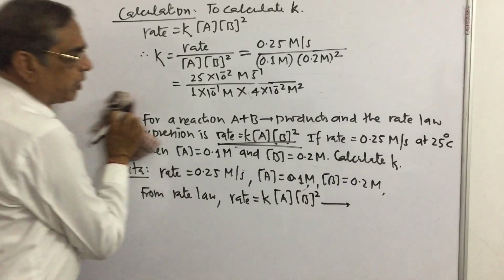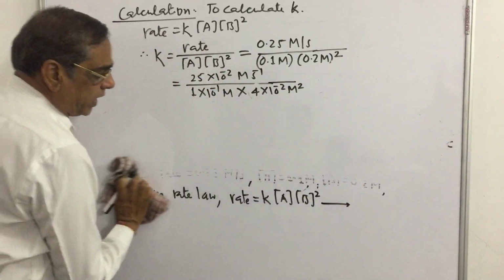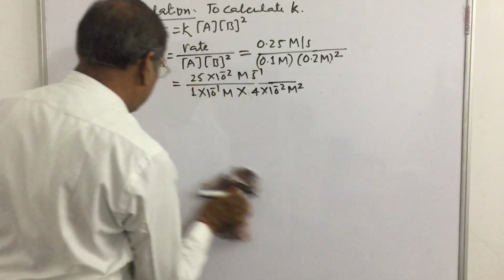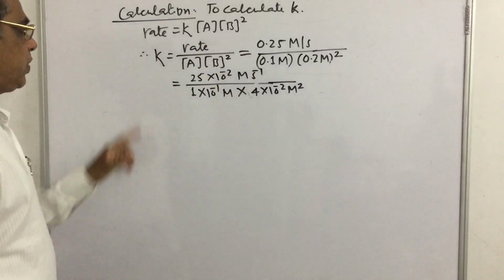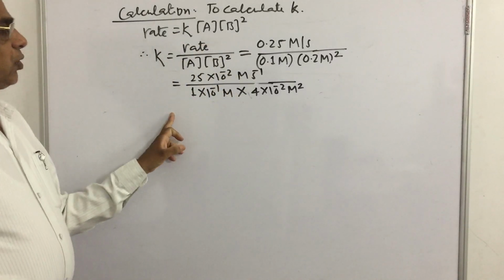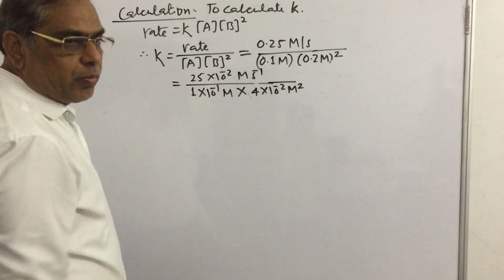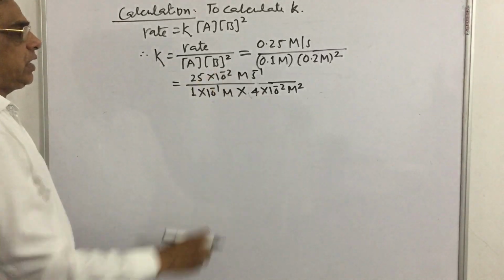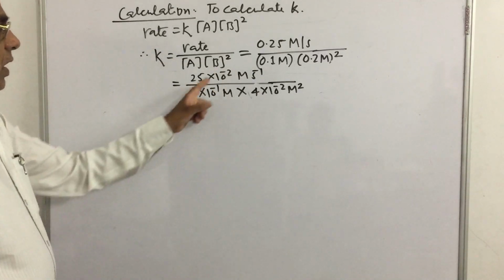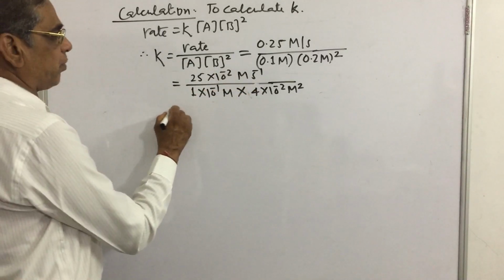So this is the easy method to calculate the rate constant. Here remove the decimal point and write in terms of significant figures or in terms of a power of 10. So it is a very easy method.